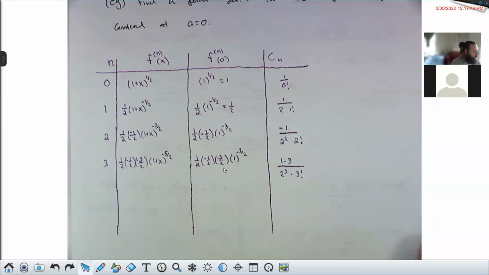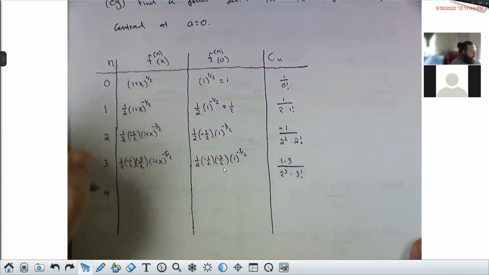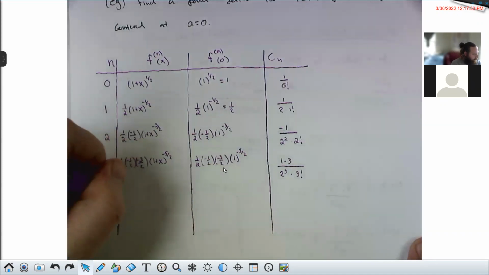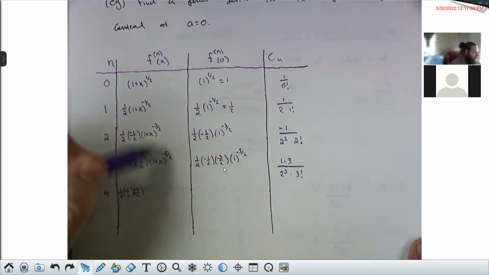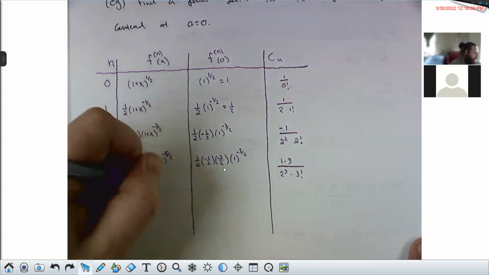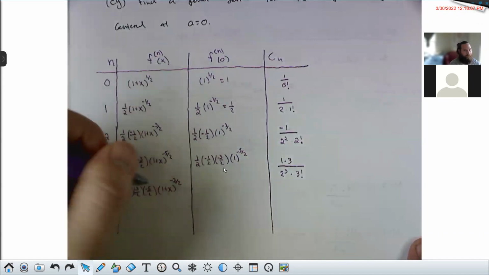We're going to do like 2 more rows of this. If I come back and differentiate this again, these constants just stay. So this is 1/2, negative 1/2, negative 3/2. The derivative of 1 plus x to the negative 5/2 is negative 5/2 times 1 plus x to the negative 7/2.